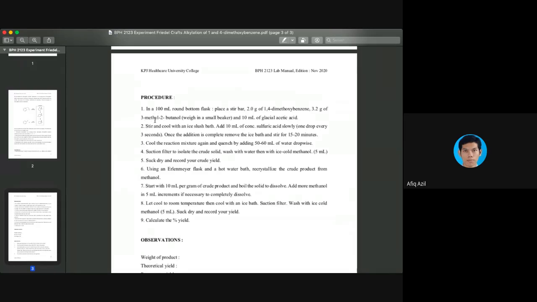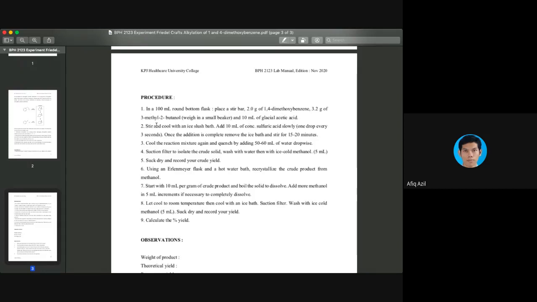If it is in liquid form, you can convert into volume by knowing the density or specific gravity of the compound, or you can just weigh it in a very small beaker using an analytical balance. And 10 ml of glacial acetic acid. All of this will be mixed together in a round bottom flask.